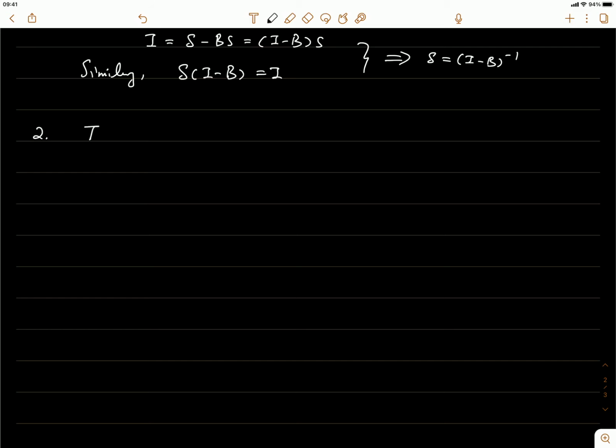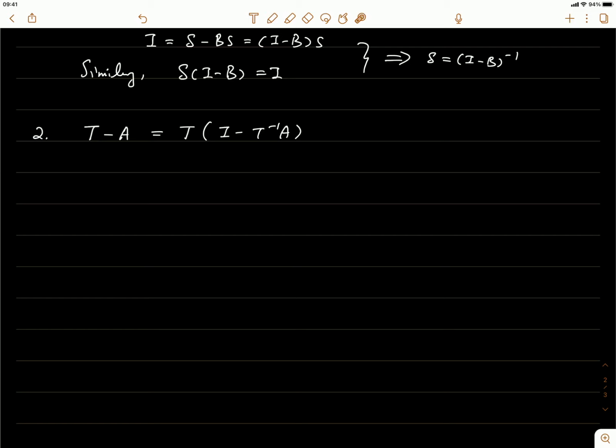So in this case, let's look at T minus A, where T is a general invertible matrix. Then we can rewrite this T minus A into this form, right? Because when I multiply T inside, I get back to T minus A. Now remember that T is invertible.